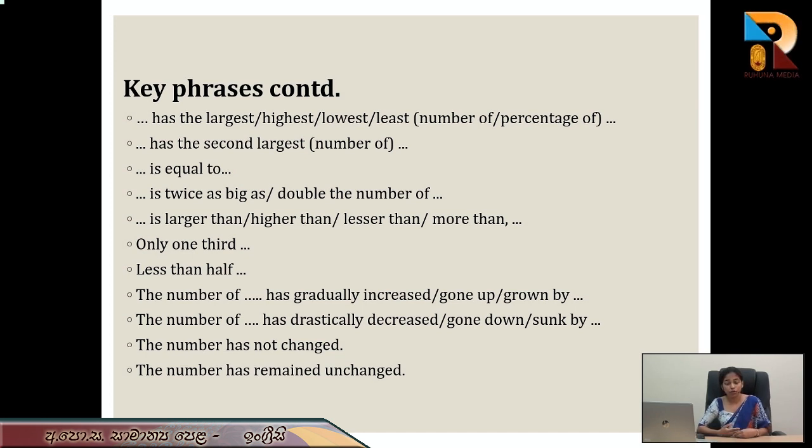And if you want to mention the other important features and patterns, right? You could say Matara has the largest number of this, and Kandy has the highest percentage of this, likewise. And if you want to make comparisons, you can say this element is equal to this, right?